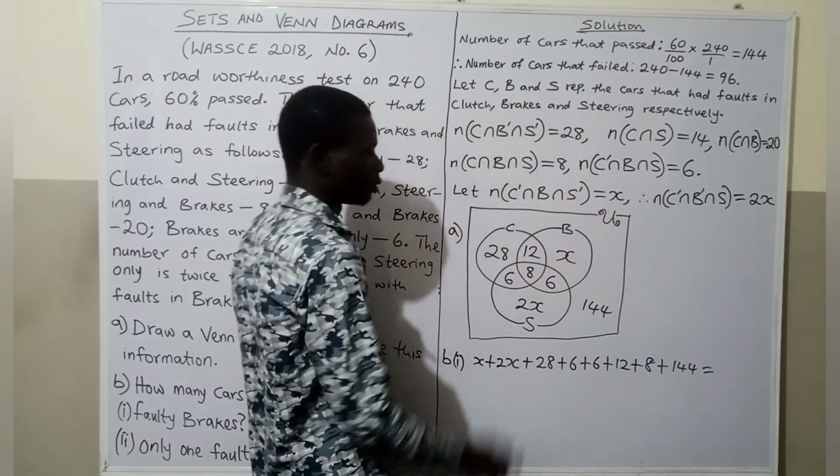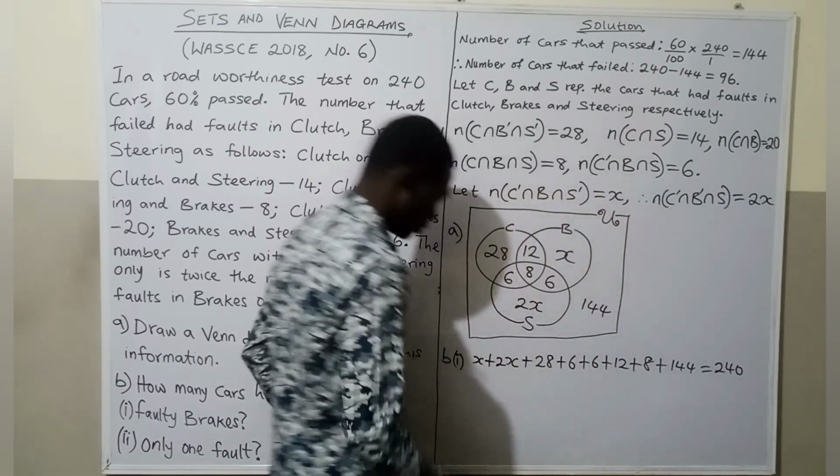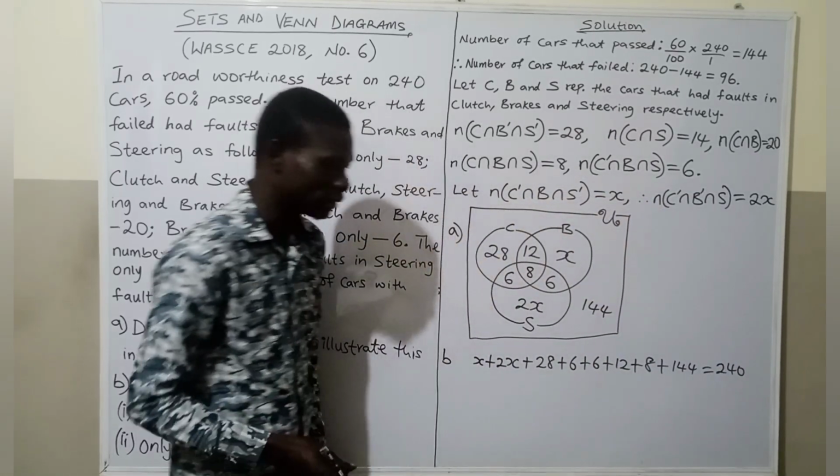Altogether they must be equal to the universal set, which is 240. So we are solving for x now.